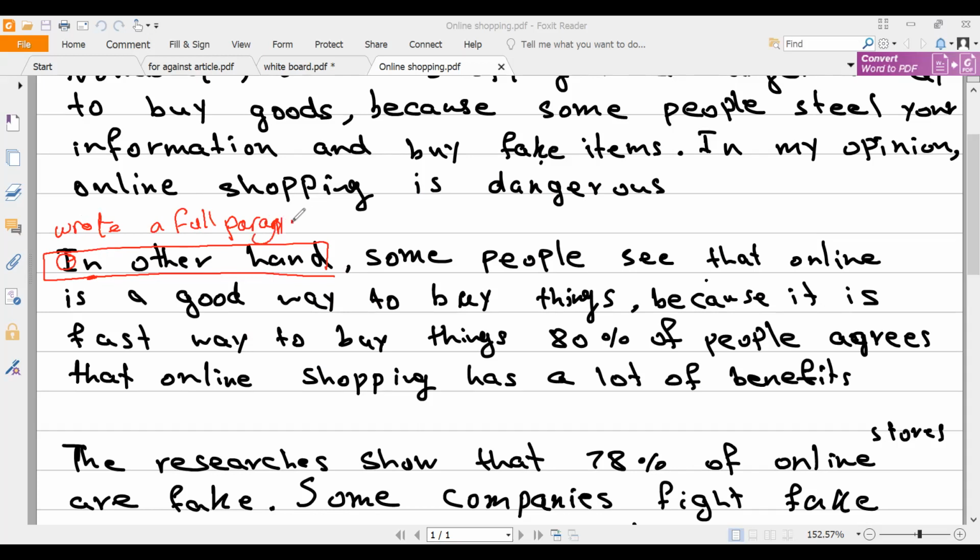You wrote a full paragraph about the advantages of this topic. Then after you wrote a full paragraph about advantages, you can say "on the other hand."